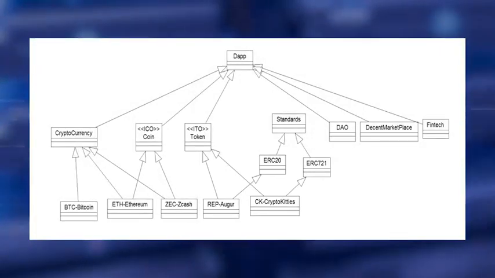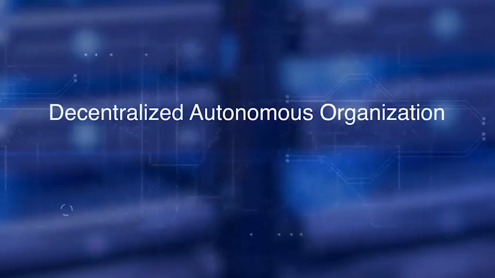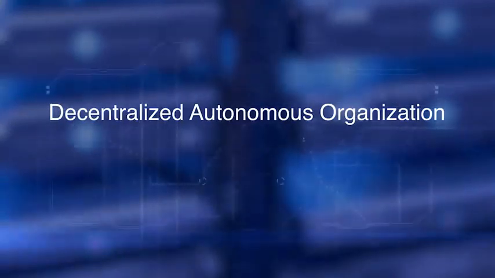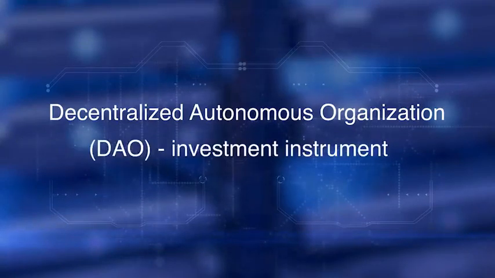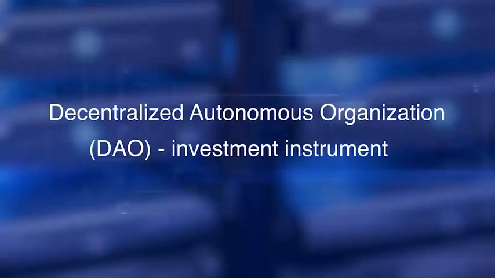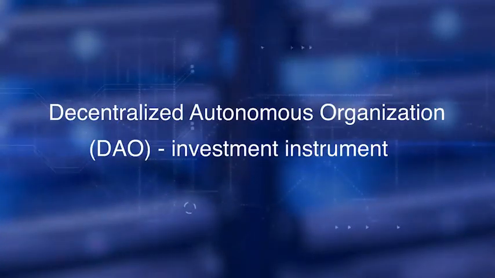Turning our attention to DAO, or Decentralized Autonomous Organization, is an early innovation in DApp. DAO was an investment instrument deployed as a smart contract on Ethereum blockchain. Autonomous Venture Capital DApp, to be exact. The idea was to showcase an autonomous organization without traditional corporate governance structure for a decentralized, anonymous fundraising and automatic investing.